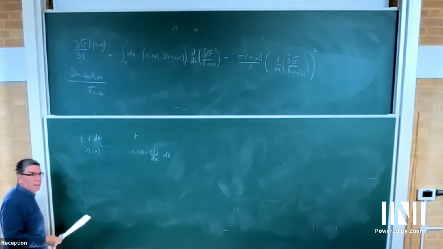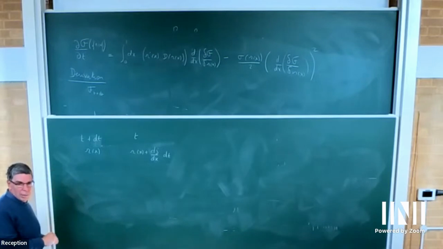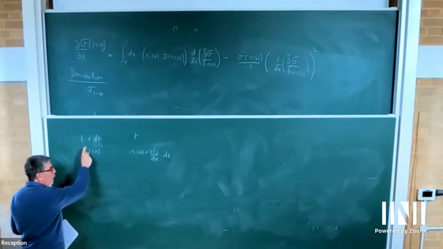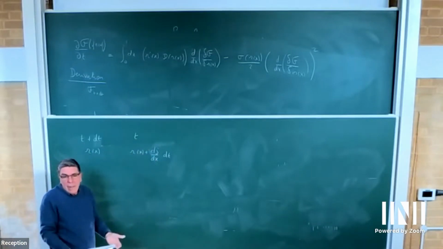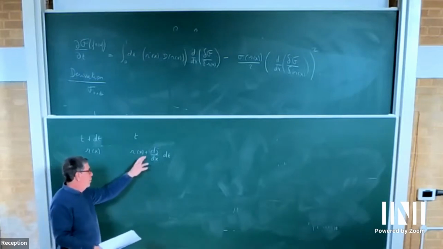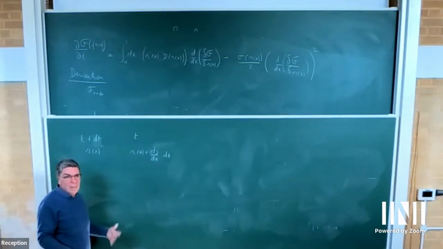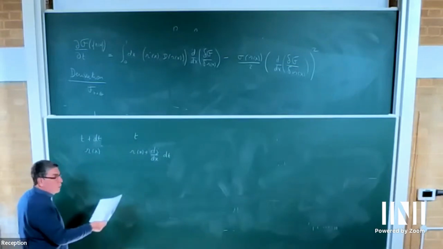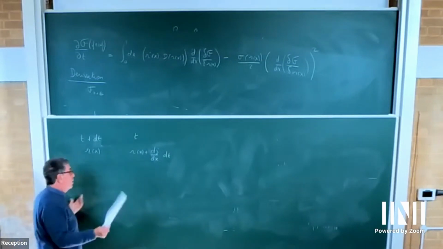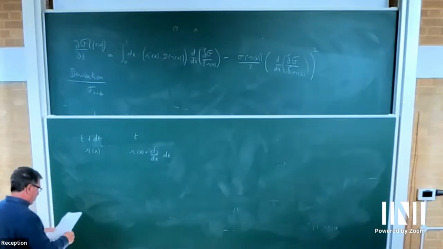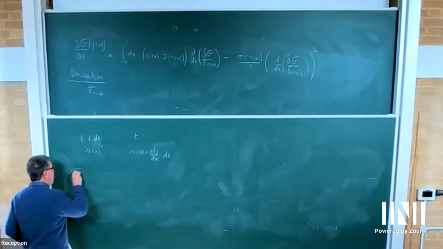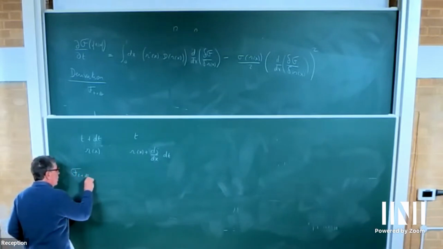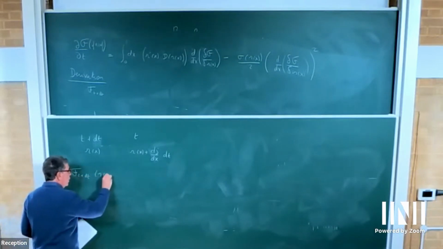Okay, I did it several times. At time t plus dt the profile is R of x, and at time t, just before, it was not R of x, it was something else. The question is the sign here. I have done it three times, and I always find the plus, but someone else finds the minus. Now, what is f at t plus dt of R of x?